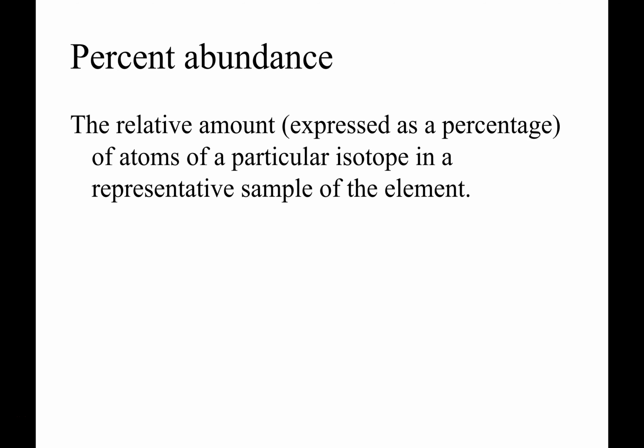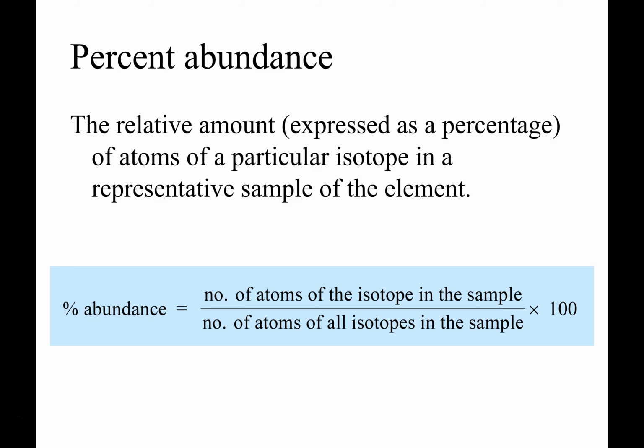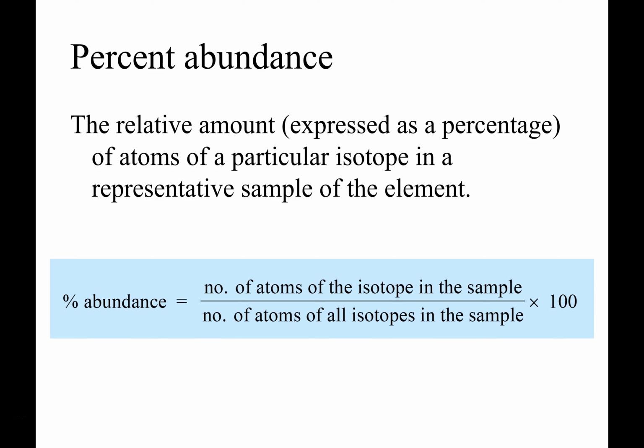Okay, very good. Well, in order to come up with how much an iron atom is going to weigh, we have to take into consideration what we call the percent abundances. Anytime you're given a percent abundance, whether it's for any element, it's going to break it down into different isotopes.